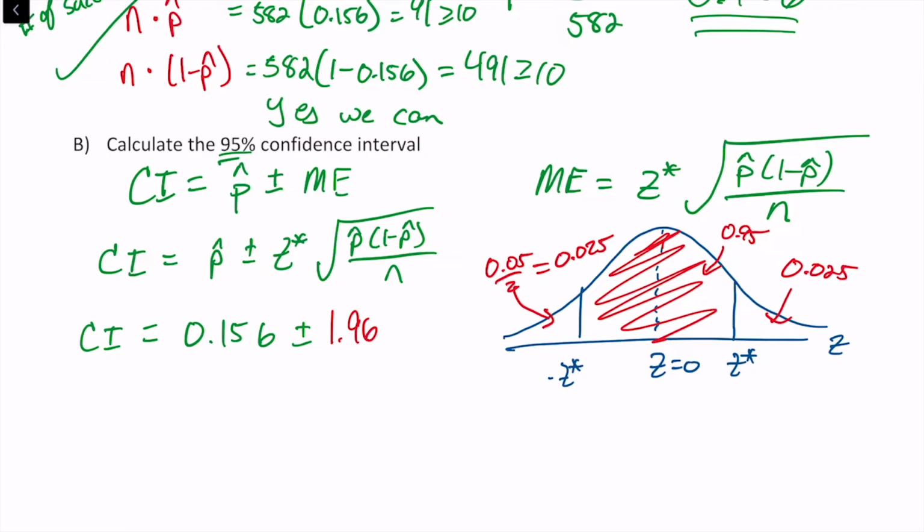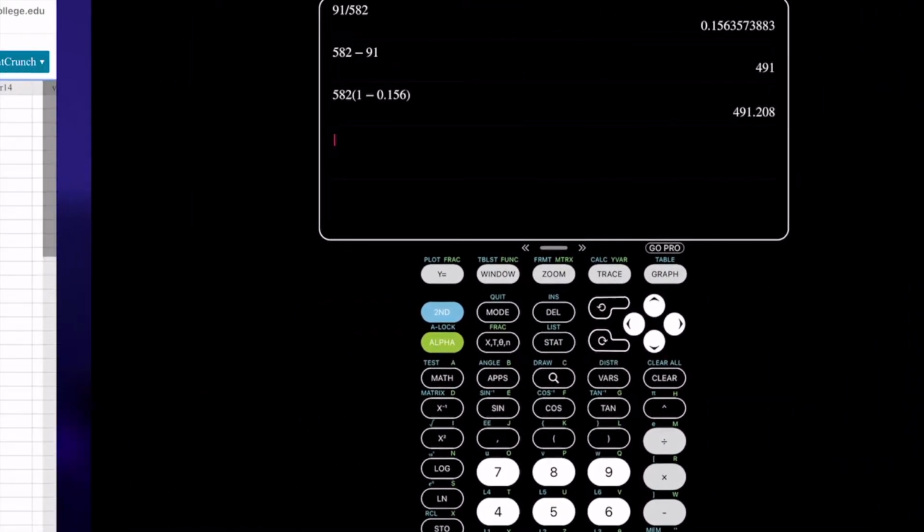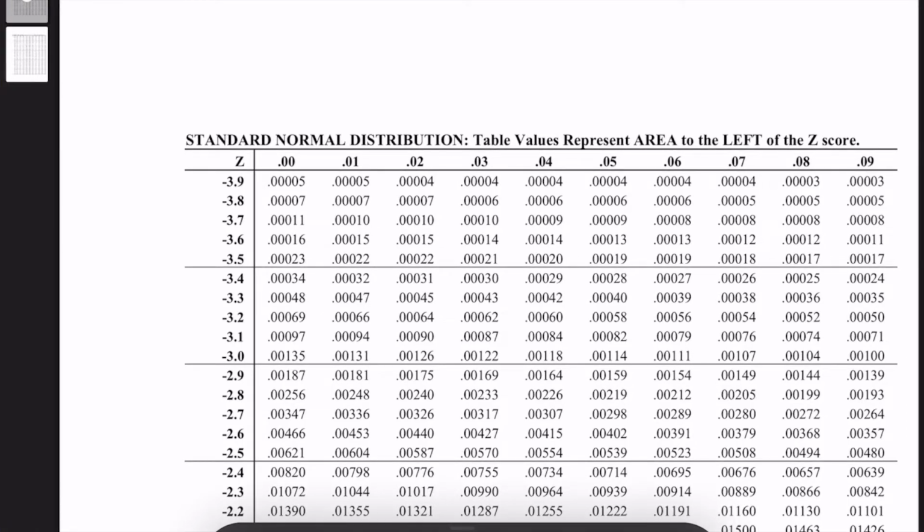So the way that we found this z-score is we said, let's find the negative one, and then our answer will be the positive version of it. So we go to our z-tables and do a reverse lookup. We find the z-score that has the area closest to 0.025. So let's see here. Do I have some z-tables? I do.